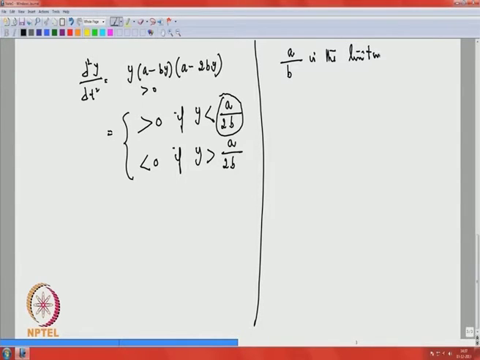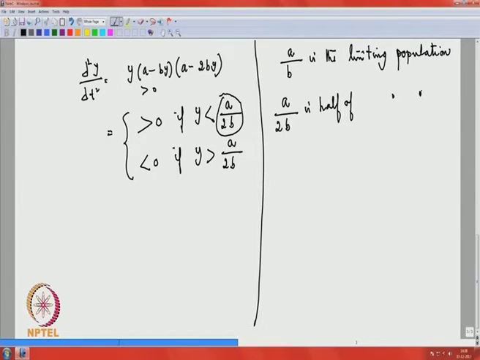The population cannot grow beyond a by b. In fact, it cannot achieve it. Unlike in the linear case, where it can go to infinity, in this case it cannot go to infinity. So, a by 2b is half of the limiting population.